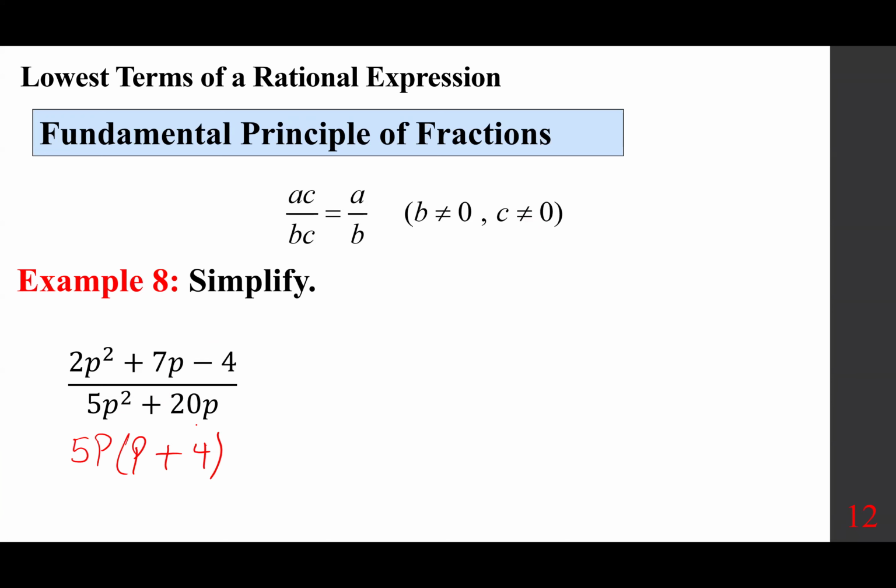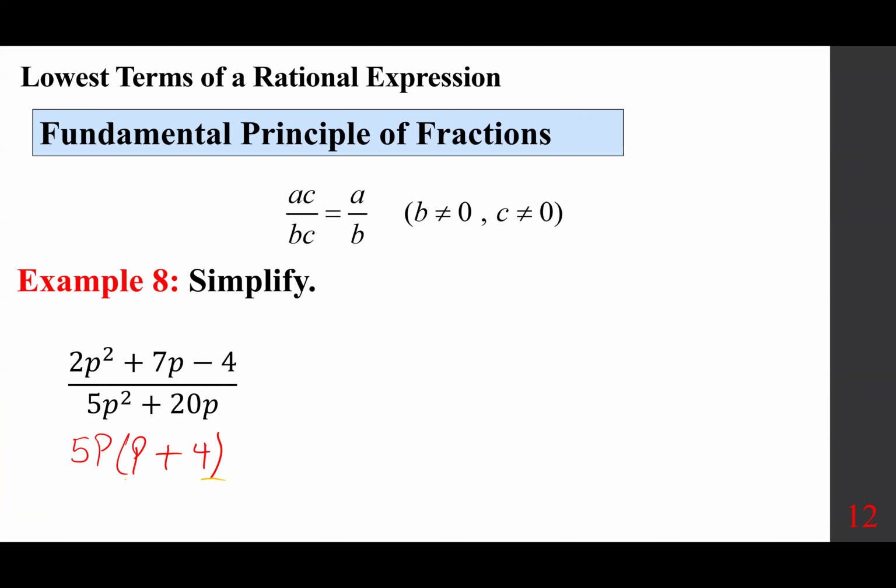So one thing that will help you with the numerator is that either this expression cannot be simplified, or if it can, the top must have either a factor of 5, it doesn't, a factor of p, it doesn't, or a factor of p plus 4.